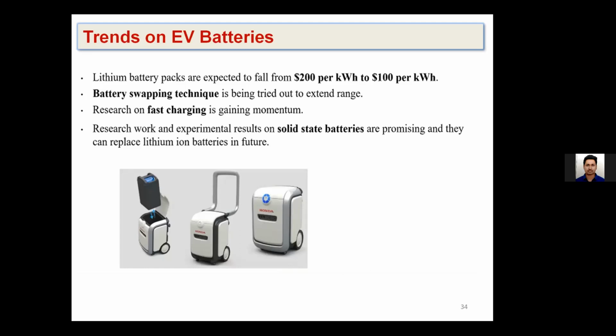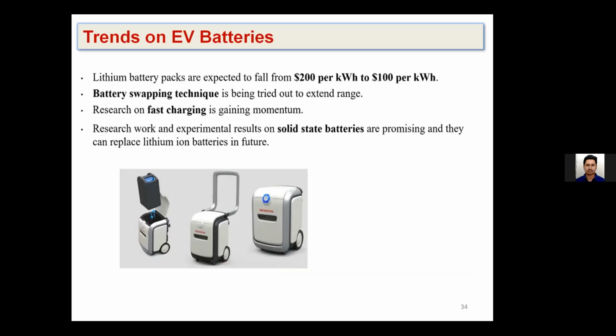So there is a battery swapping technique. The battery can be removed and a new battery can be easily plugged in. The old battery will be used for some other purposes. So battery swapping is simply removal of a battery and keeping a new battery, and it can be utilized for our EV applications.